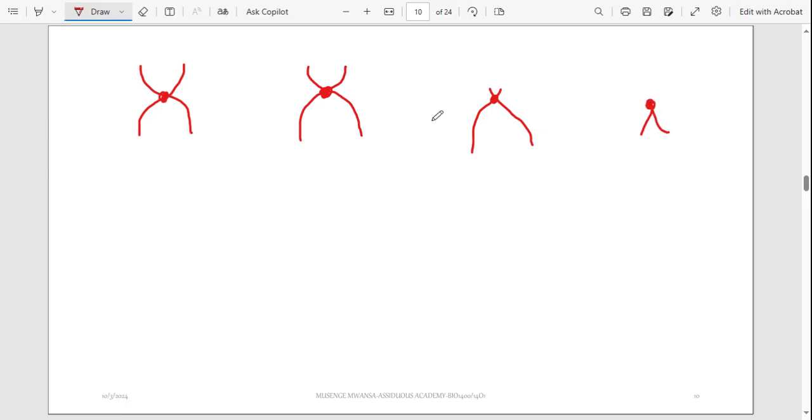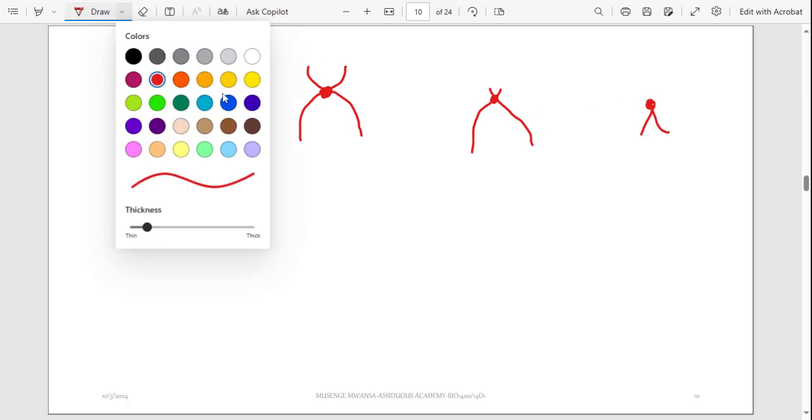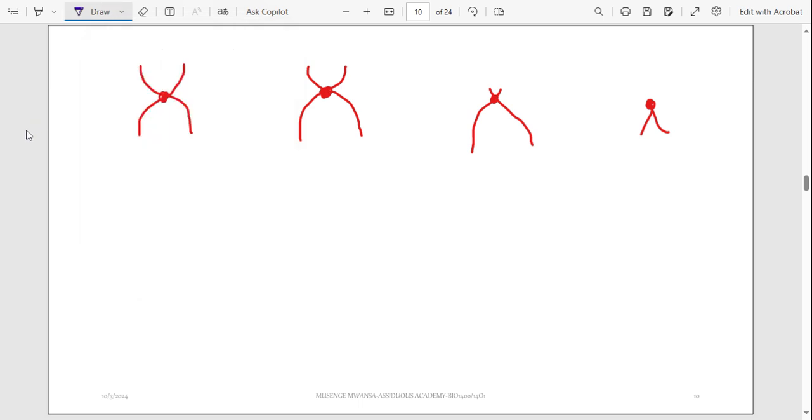What can you identify as a difference amongst these chromosomes that I've drawn? You can see for the first chromosome, the centromere is in the middle. The Q arm and the P arm are equal. This type of chromosome is known as a metacentric.